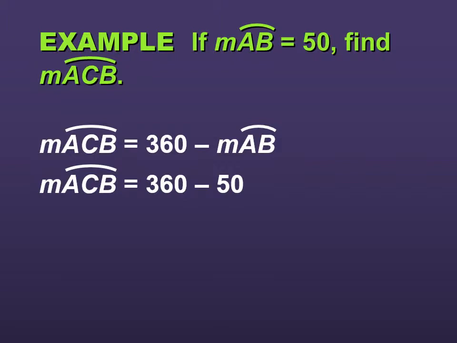Since the measure of arc AB is 50 degrees, we can substitute that into our formula. So the measure of major arc ACB is equal to 360 minus 50, which means our answer for the measure of arc ACB is 310 degrees.